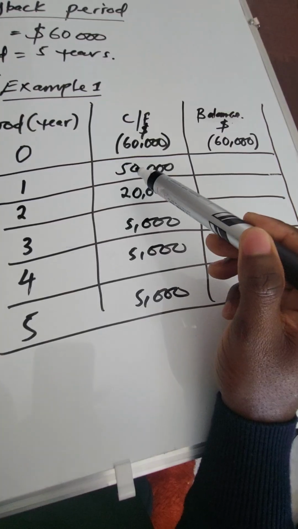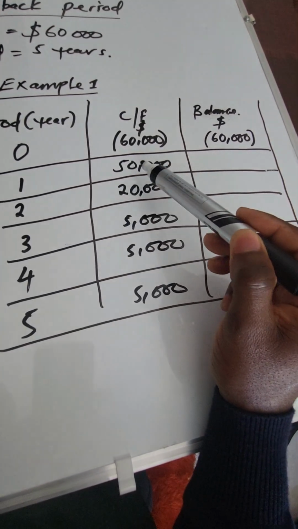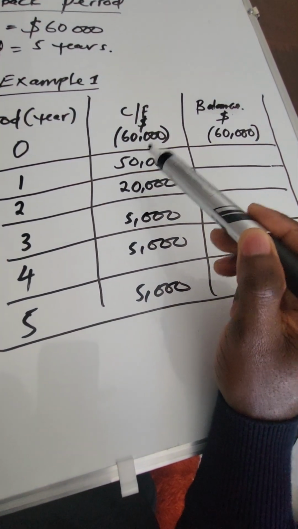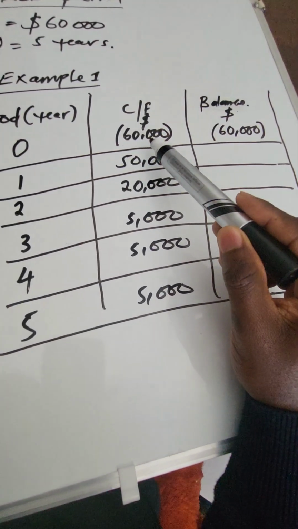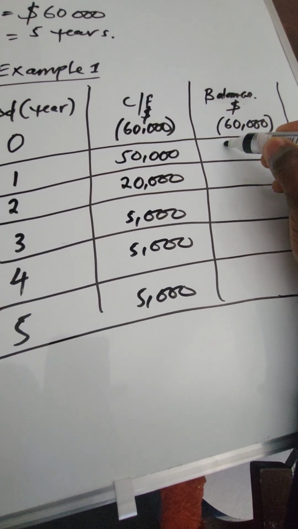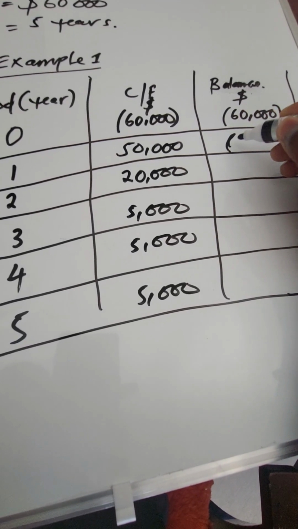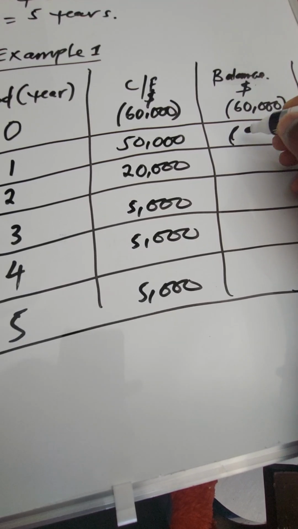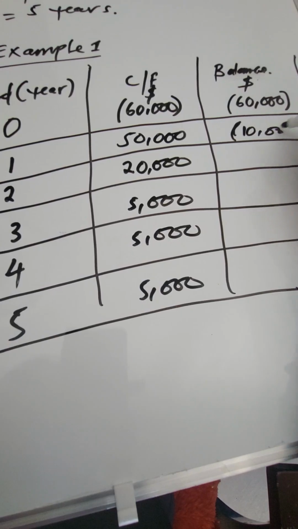So we're going to now subtract 50,000 as revenue that was put into the business, minus the 60,000, which is our initial capital. What's the balance? So the balance will still be negative, right? Because our revenue in year 1 is less than our initial capital injection. So the balance will be 10,000.